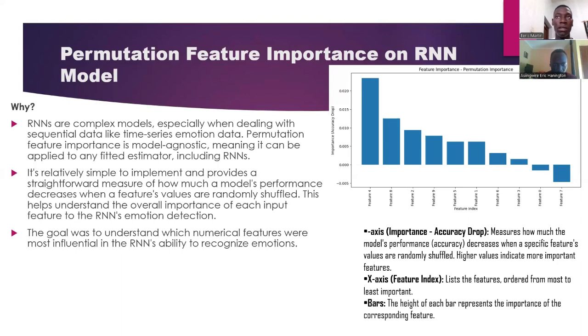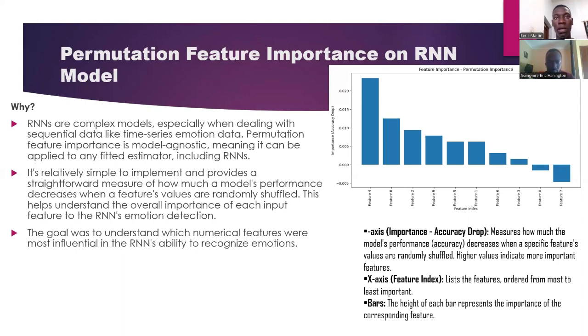Because our data set is large, we first carried out PCA to scale it down and find the most important features. In the graph that was generated, feature 4 had the highest importance, and then importance reduced accordingly up to the seventh feature.